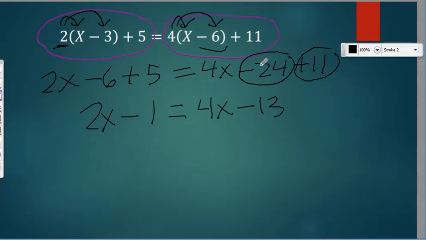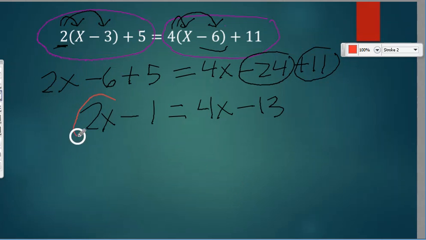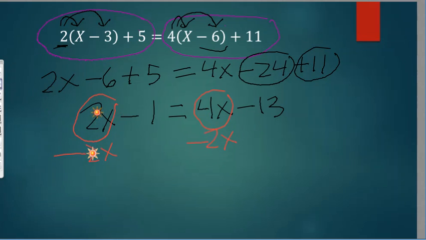Now from there, we want to get this term and this term on the same side. So there are two options here. We could subtract 2x from both sides, because that's going to cancel out this 2x.